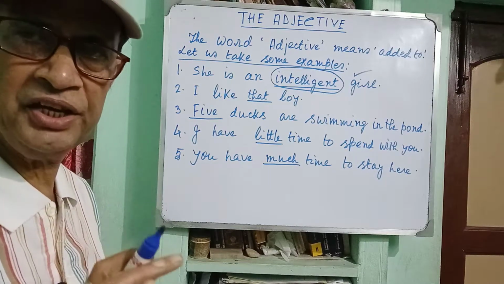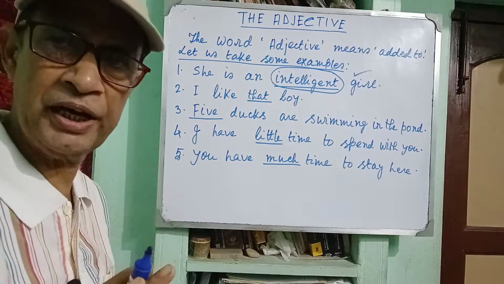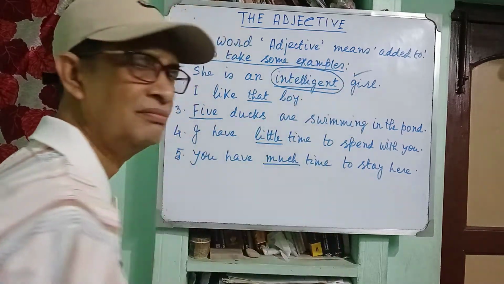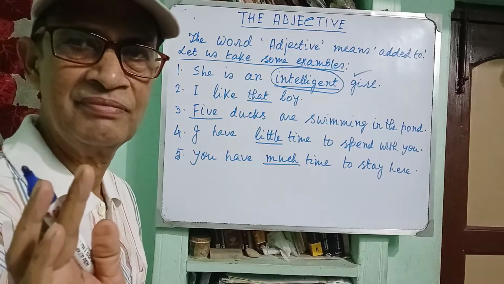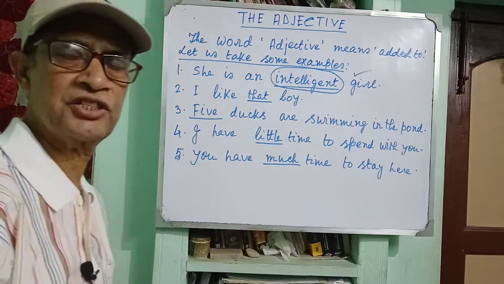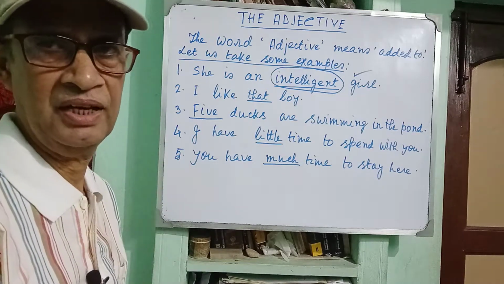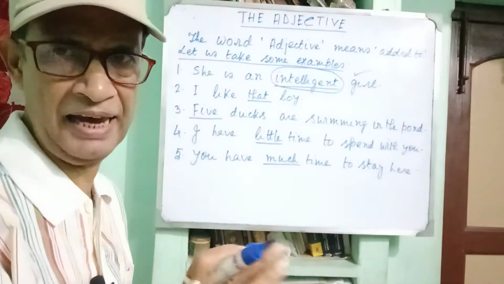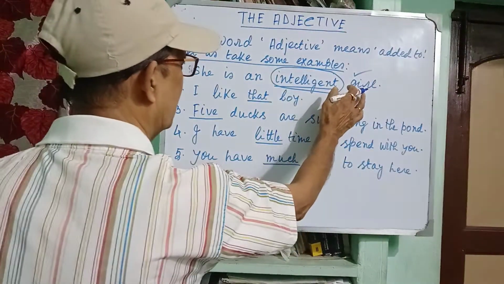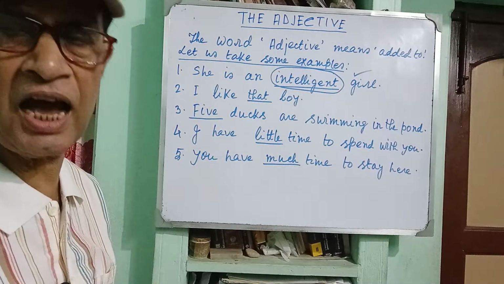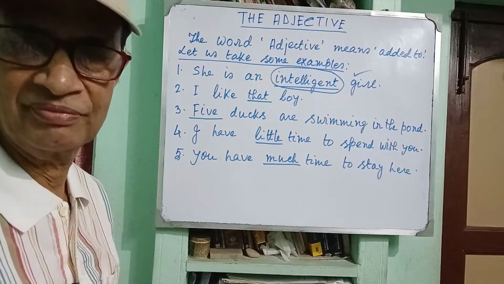The girl is intelligent. You see that girl is a noun and the descriptive word has preceded the word girl. That means it has taken its place just before the word girl, that is the noun. So it is describing the noun. Clear?